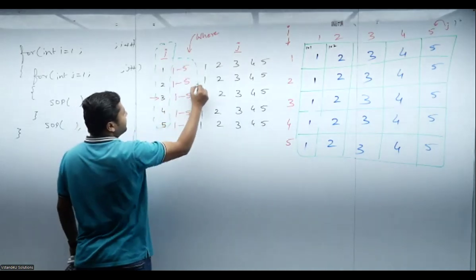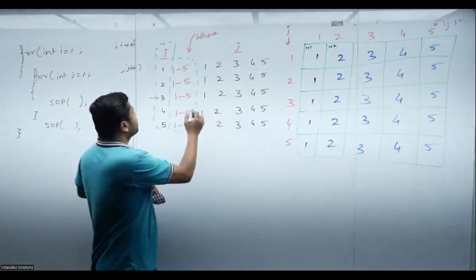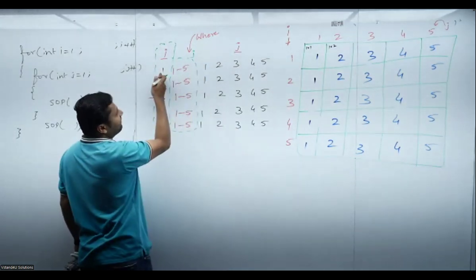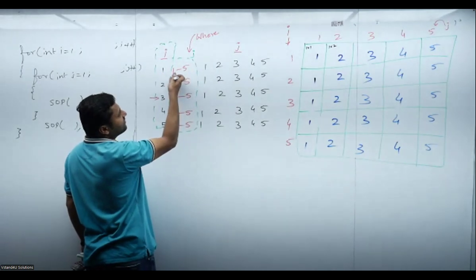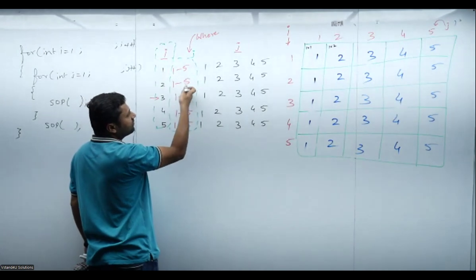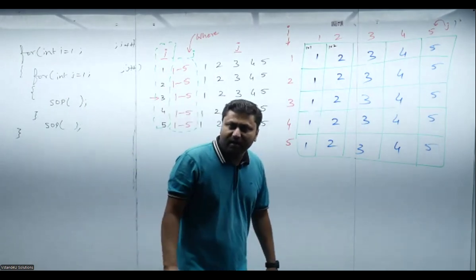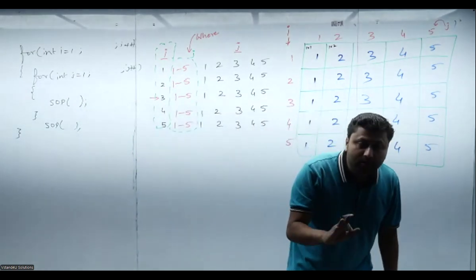But if you see, sorry, this is j: whenever the value of i is 1, j is ranging between 1 to something; if the value of i is 2, j is ranging between, everywhere. Agree? Am I clear? 100% clear?